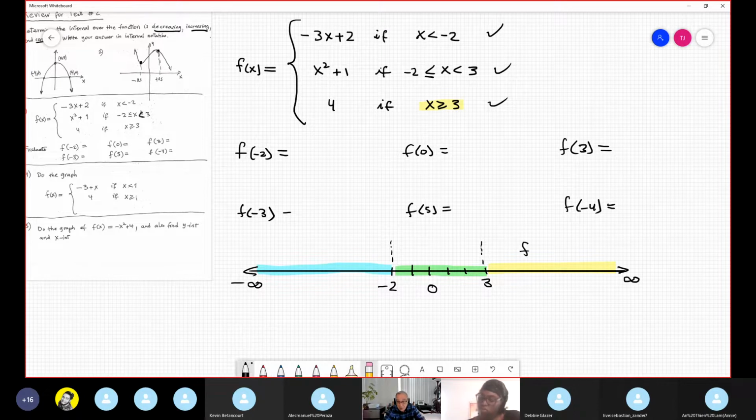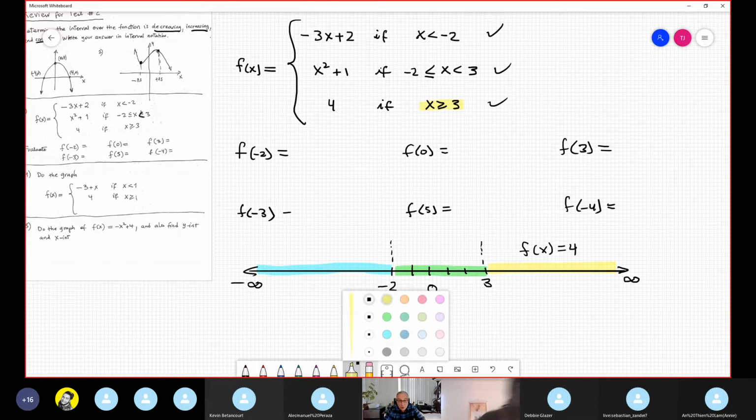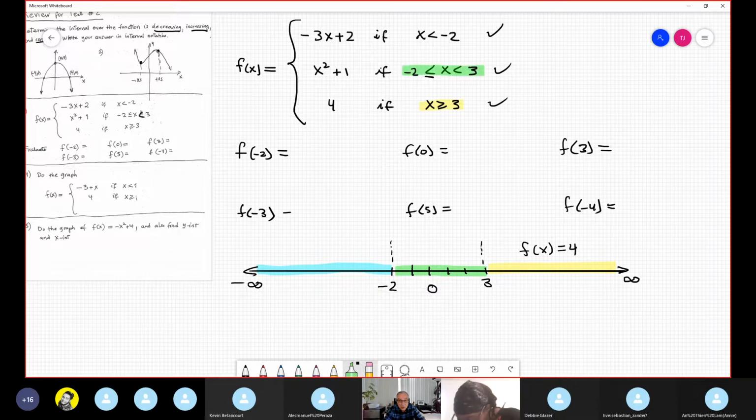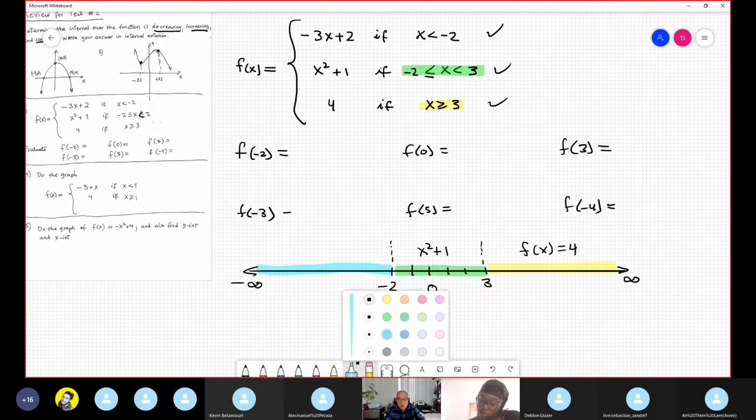The function is just 4, a constant function. And in the green interval, the function is x squared plus 1. And in the blue interval, the function is linear, it's -3x plus 2.